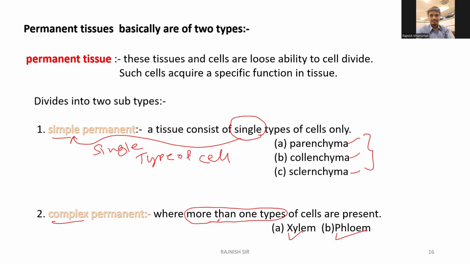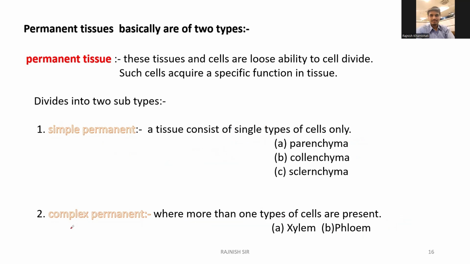Means the tissue contains different types of cells, not all the same. Why they are called complex, we are going to learn in the next slide. So let's jump to the next part.